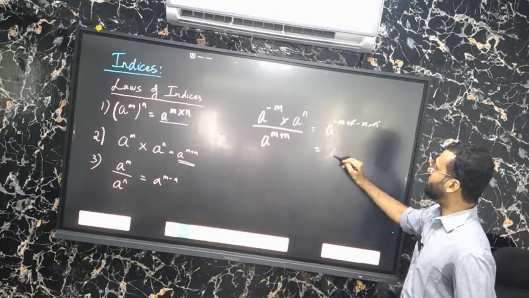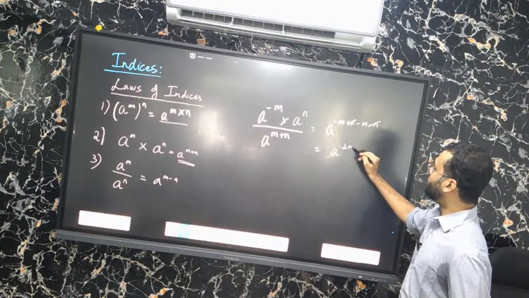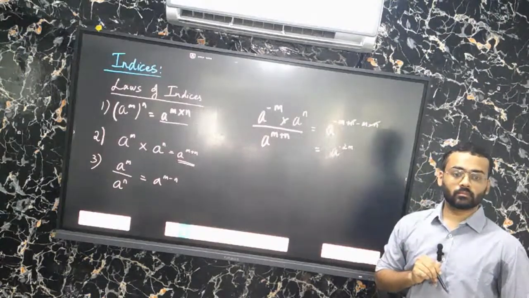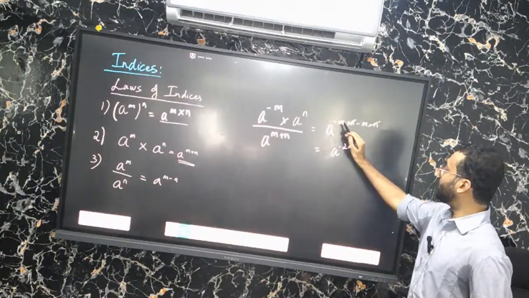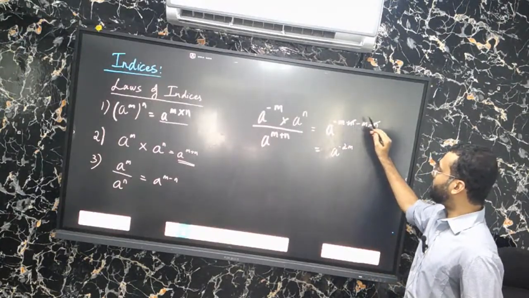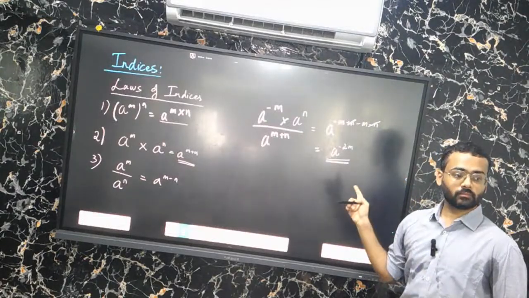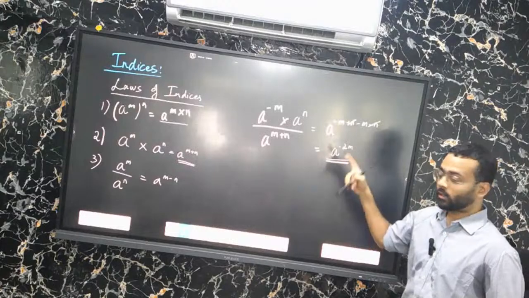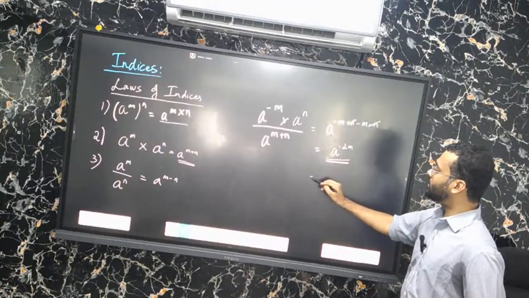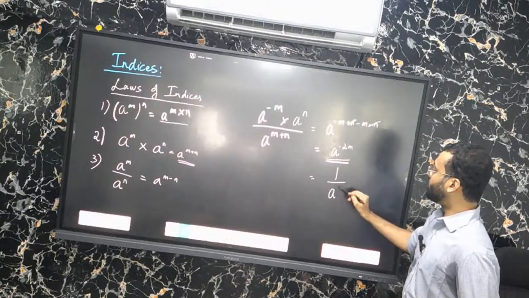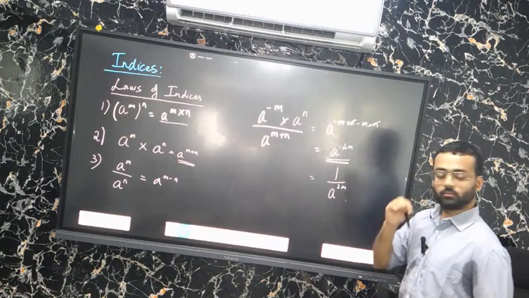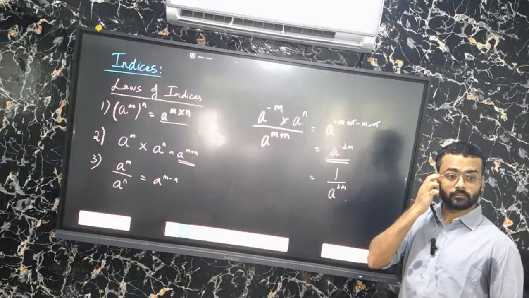I have a power of minus 2m. Correct? I have minus m here, so minus m will become a power minus 2m. Clear how to simplify? Or I can also write this as 1 by a power 2m. Clear?